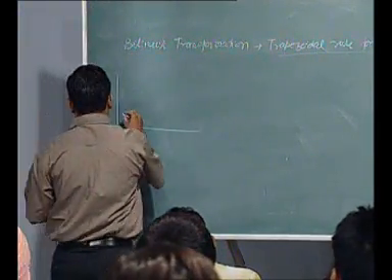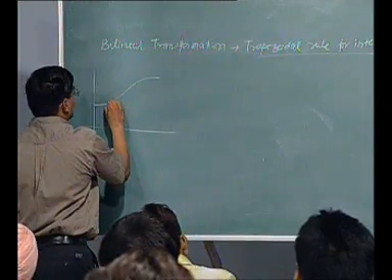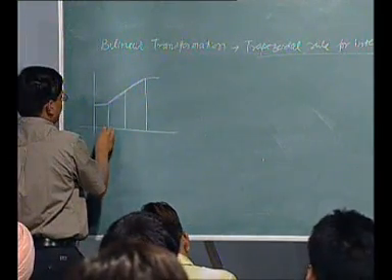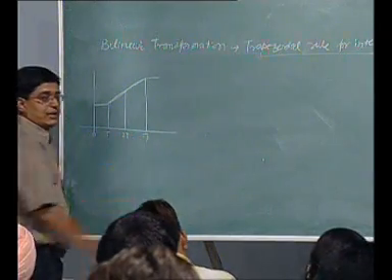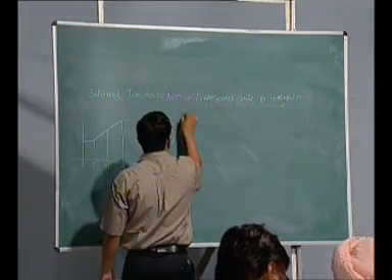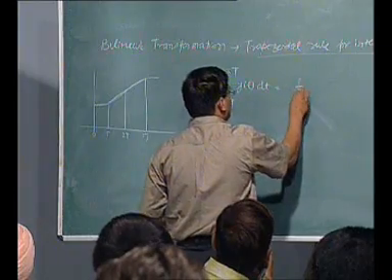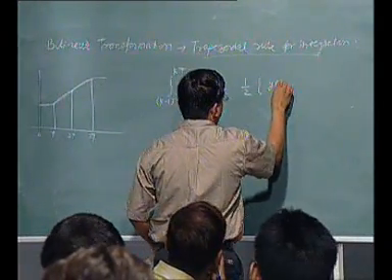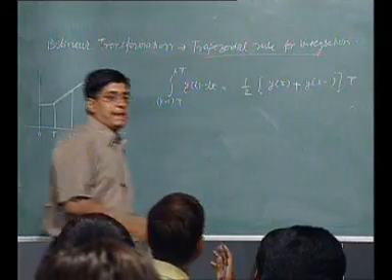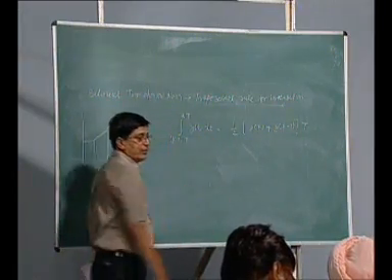Here it is in trapezoids, like this one: 0, T, 2T, 3T, in this way. And the equation for this is the integral from (k minus 1)T to kT of y(t) dt. This can be replaced by half of (y_k plus y_(k minus 1)) times T. This is the trapezoidal rule for integration.